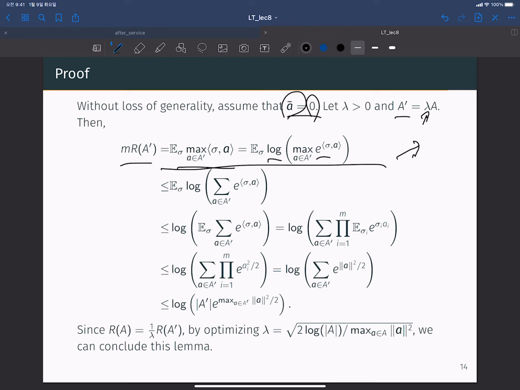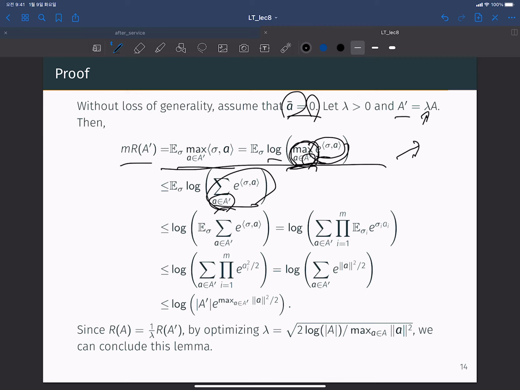Log and exponential are just monotone functions, and the max, we can simply upper bound using the summation. That is a very useful trick, and I strongly recommend remembering it because we use this simple trick in many places. Max can be easily upper bounded by summation because one of the elements is the max, of course when these parts are non-negative.